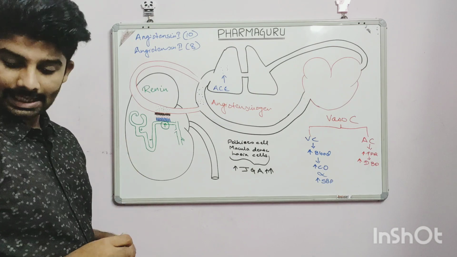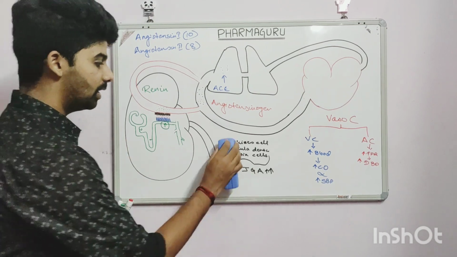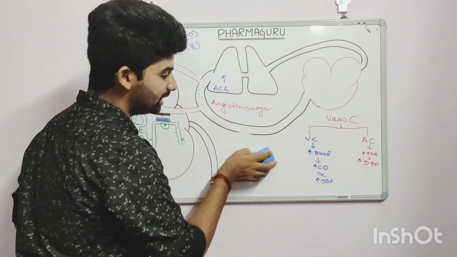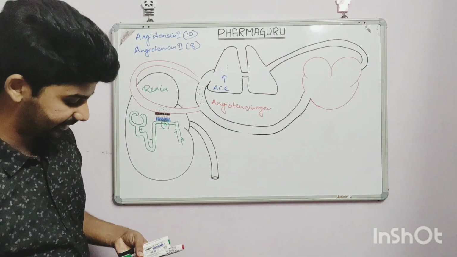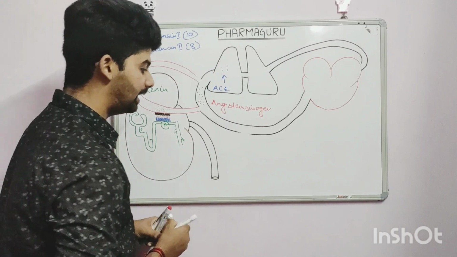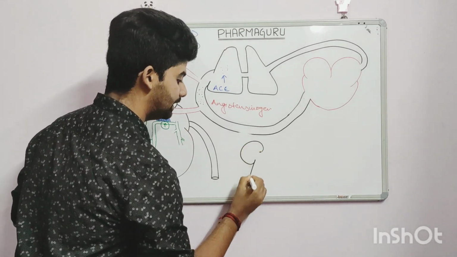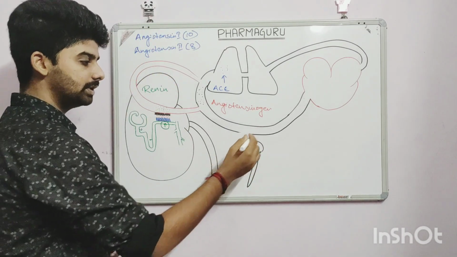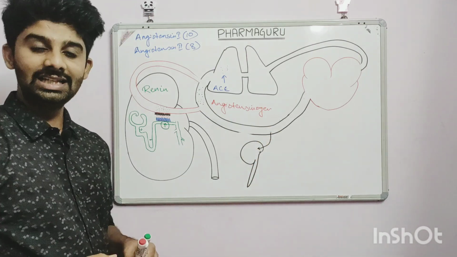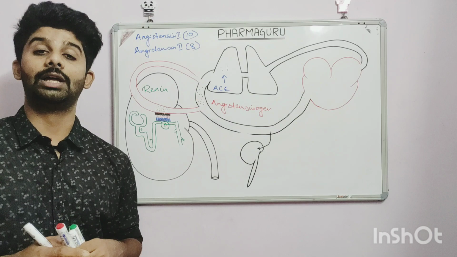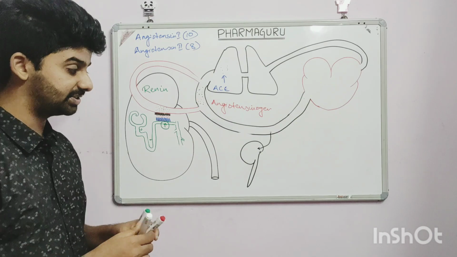One more thing that happens is, when angiotensin 2 is released into the systemic circulation, it will reach our CNS, specifically the hypothalamus. Through the systemic circulation, it will reach our hypothalamus, and this angiotensin 2 in the hypothalamus will stimulate the thirst center.